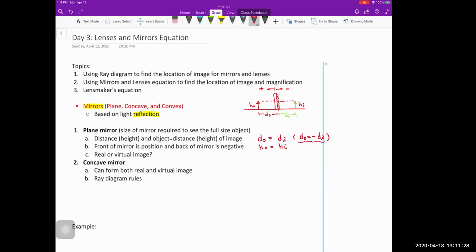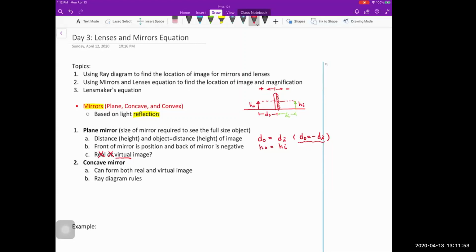And what kind of image is this? Well, we already told you if you have a flat mirror, it's going to be a virtual image. How do you tell if an image is virtual or real? Well, there are two ways you can identify. One is that the light is actually not coming from that place. The light is not coming from the image.